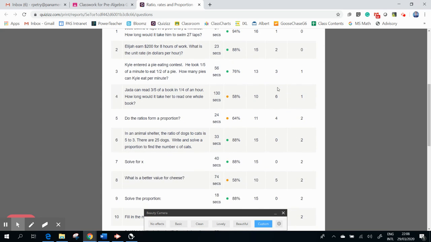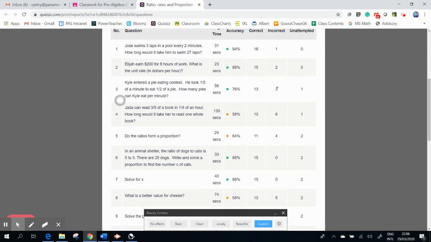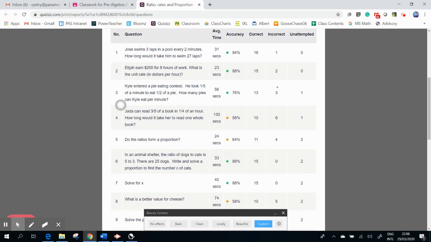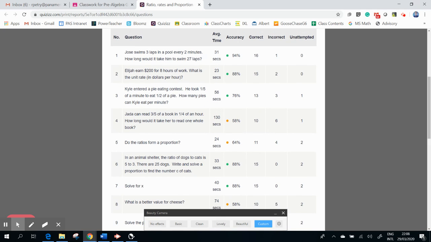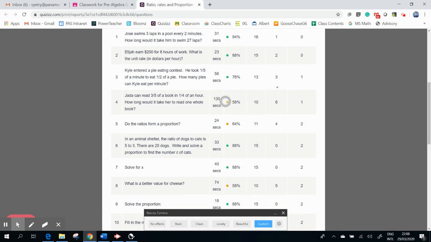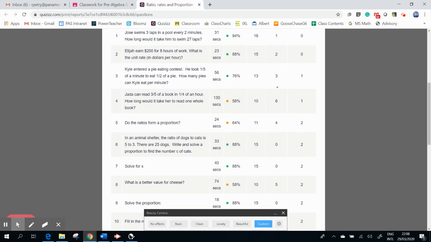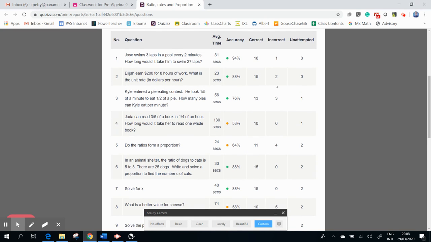So Quizizz gives me a report with the percentage of accuracy for each question and the average time it took you to answer those questions. I'm going to go over the questions marked here in orange because they had 75% or less accuracy, so more people got them wrong, as you can see here.